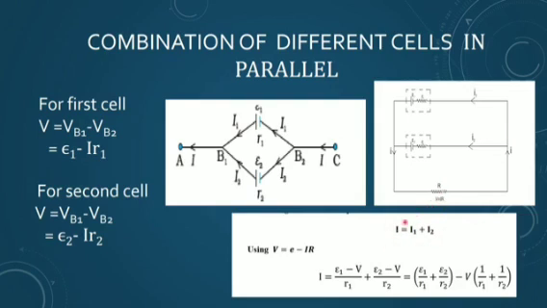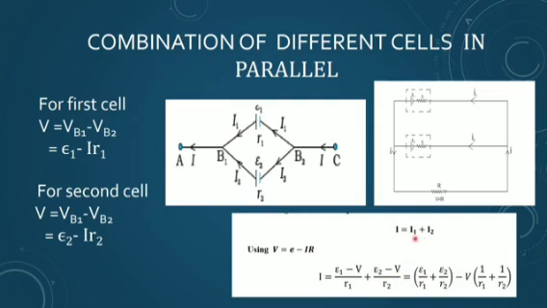I have to write the values of I1 and I2 from previous knowledge, that for the first cell I get V equals E1 minus IR1. So I1 will be E1 minus V upon R1. For the second cell, I2 will be E2 minus V upon R2.